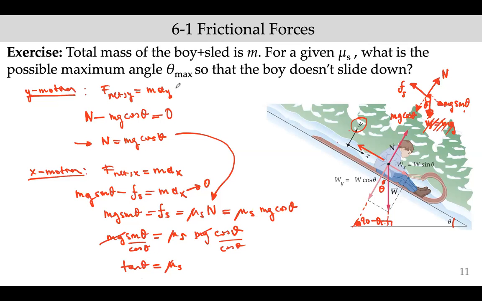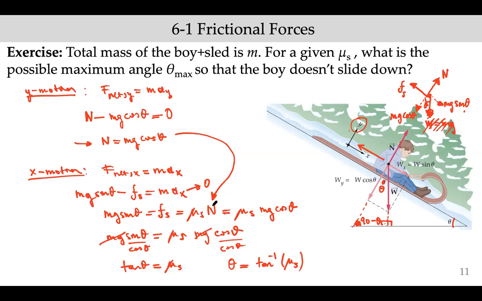Now the question was, what is the maximum possible angle for this equilibrium? So we calculated everything with respect to the equilibrium. Then the maximum angle in the equilibrium will be inverse tangent of the static friction coefficient.